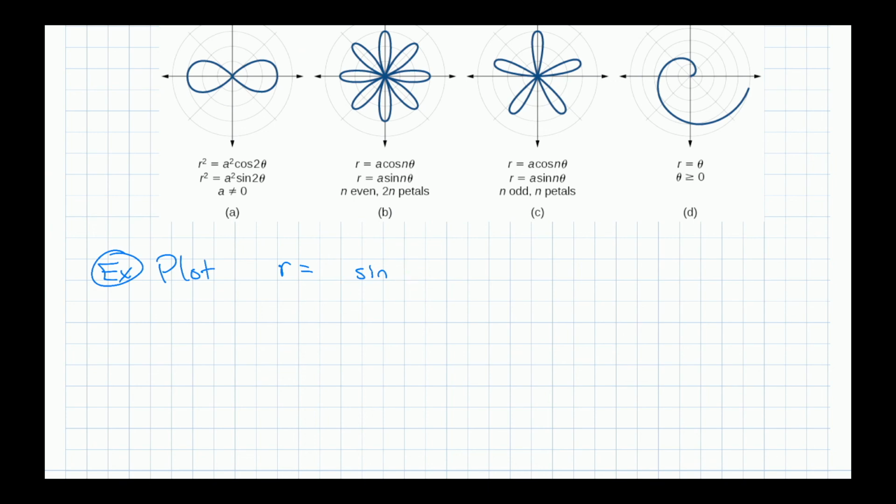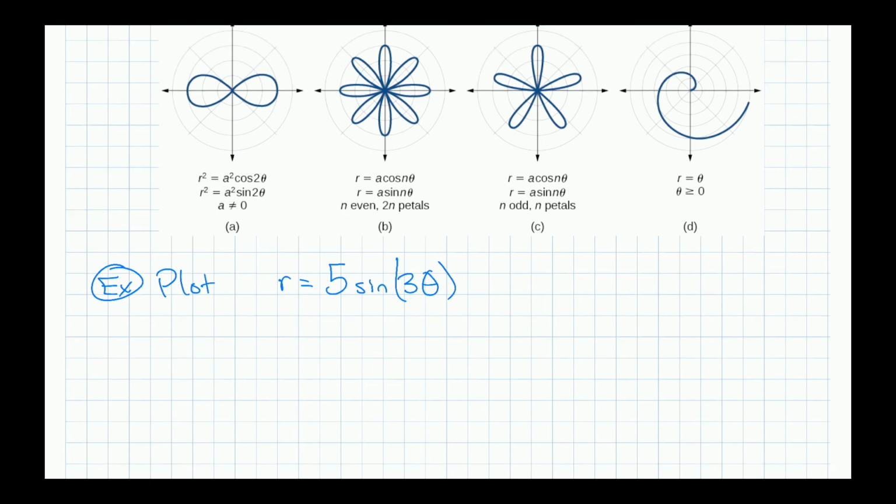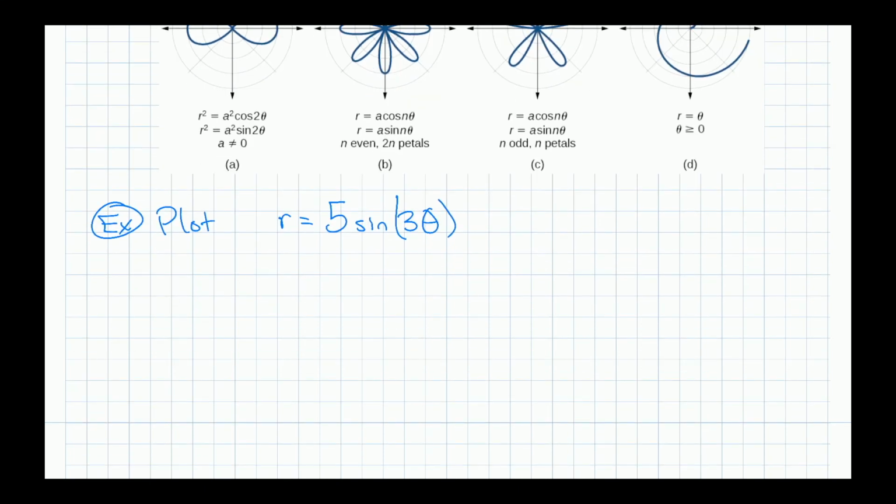Wrong place for the 3. 3 theta. Okay. And the A is going to be just how wide the graph is. Like if I want to put a 5 here, for example, that will just make it go out a distance of 5 from the origin. So that's just how big it is.